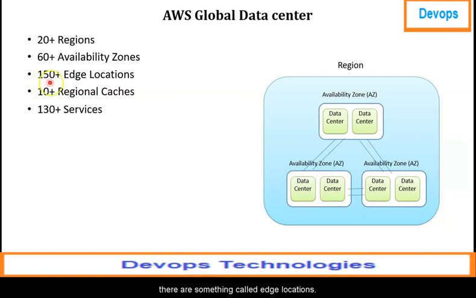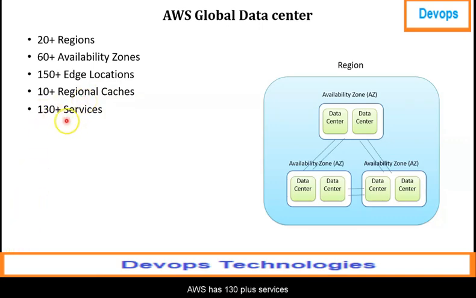There are something called edge locations. AWS has more than 150 edge locations. Now each location is something like a caching device, in 10 plus cities across the world, and your content like your media, videos and pictures, what you watch maybe on Facebook or YouTube, get cached to the nearest locations.